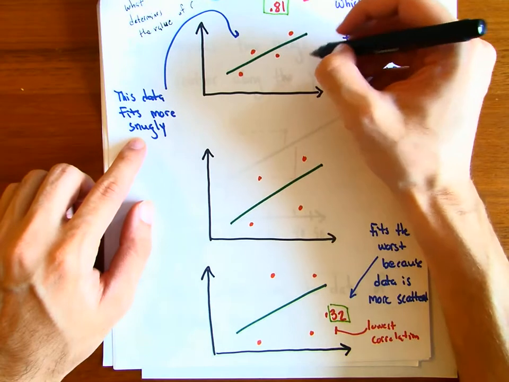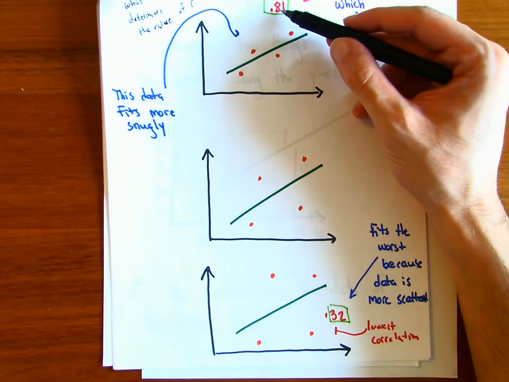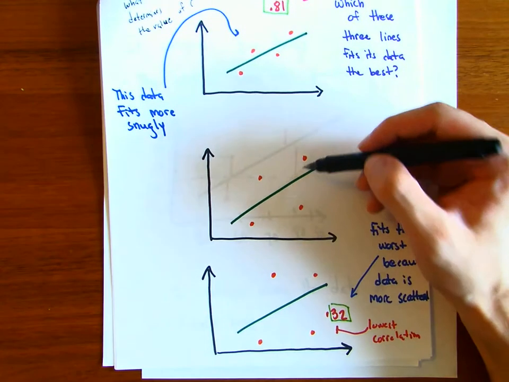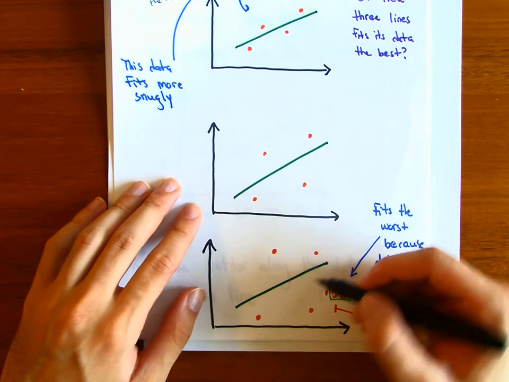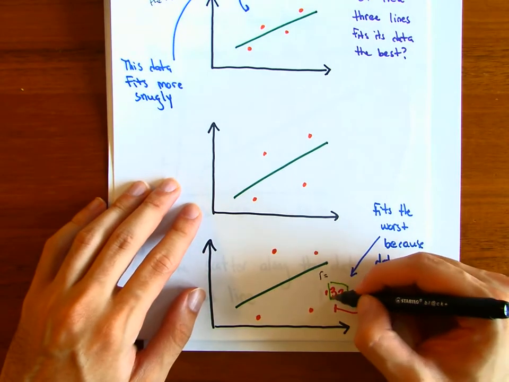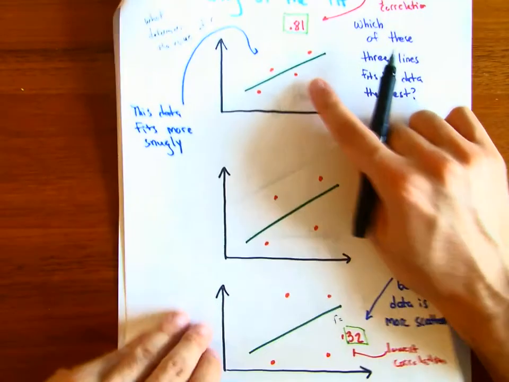This is very close to 1, and notice how the linear regression is at 0.81. Here, it's not as tight, and here it's much more spread out, so our R value may be closer to something like 0.32, but they're all positive correlations.